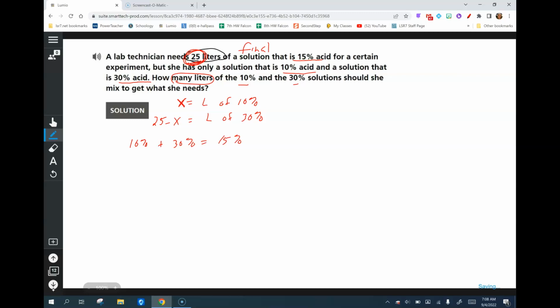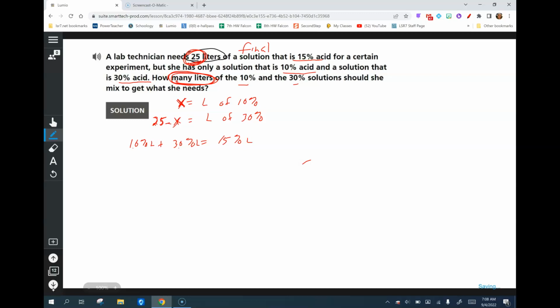Okay? So we want to know how much of each. We are not actually adding 10% and 30% to get 15%. We're talking about the liters for each of these. Because you always want to know, how do I find out what my variable is? Go back to what they're asking. So now I'm going to change these to decimals and plug in what my liters are, which is 25 minus x and x.